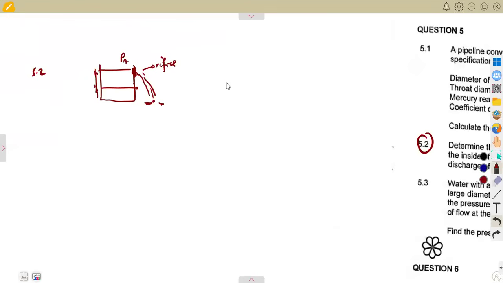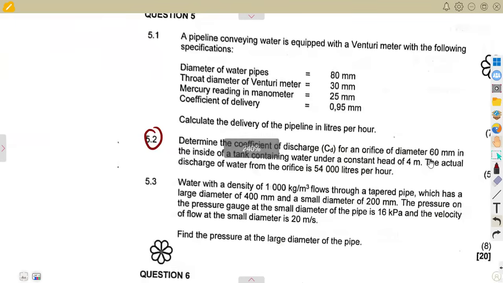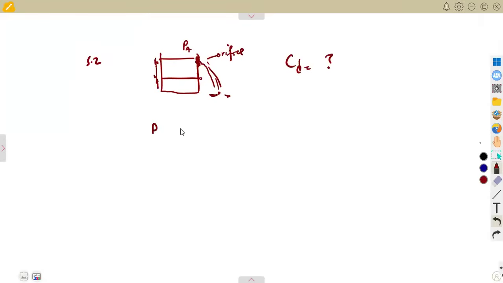We do not know it, but the inside diameter is 60 millimeters, so you divide by 1000 to get 0.06 meters, and the head of water is 4 meters. These are the conditions being taken.